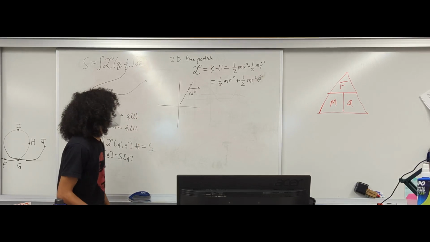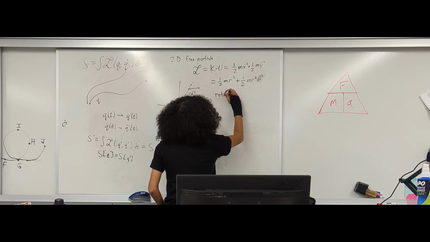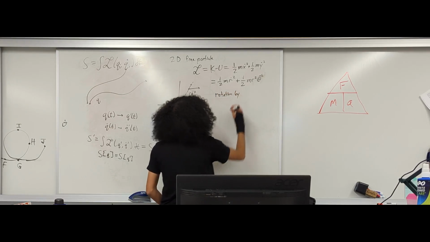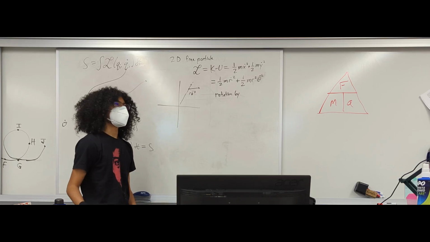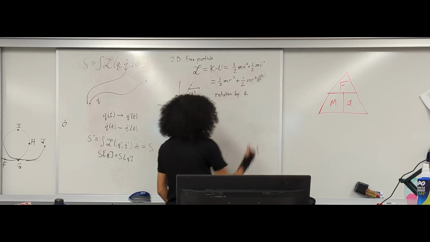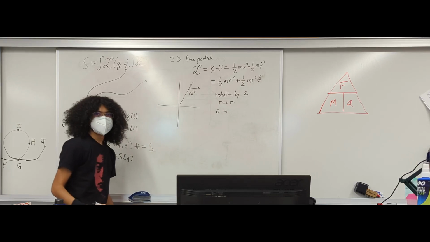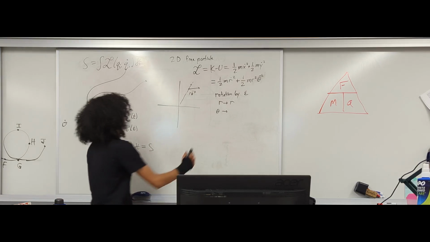Right. And so let's say I do a rotation by some fixed angle, let's call it epsilon. So r goes to r. What does theta go to? Epsilon. Or theta plus epsilon. Yeah.